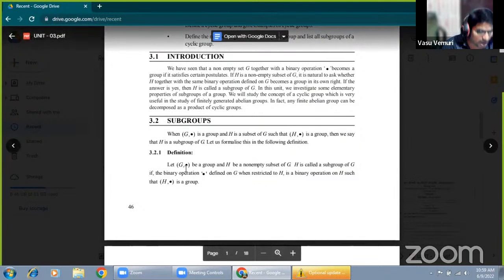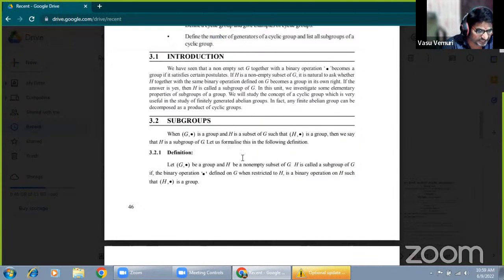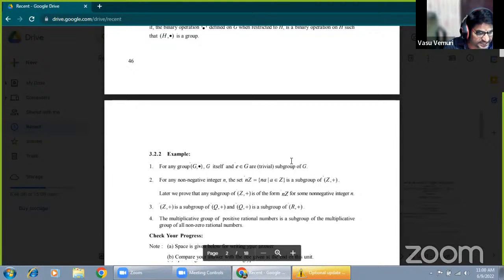With respect to the same operation, that must also be repeated in the same expression given in H. G under multiplication is a group. According to the group, we construct a non-empty subset denoted by capital H. It carries the same operation in capital H. Therefore, H under multiplication to be a subgroup means the same postulates as in the group must hold in the non-empty subset H of G. All the postulates must hold in capital H.